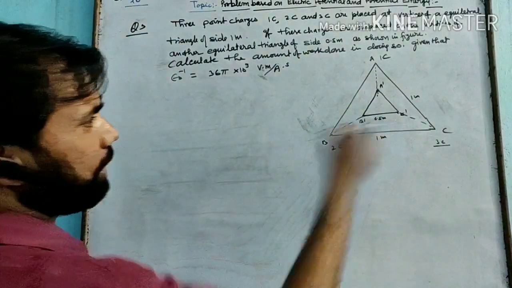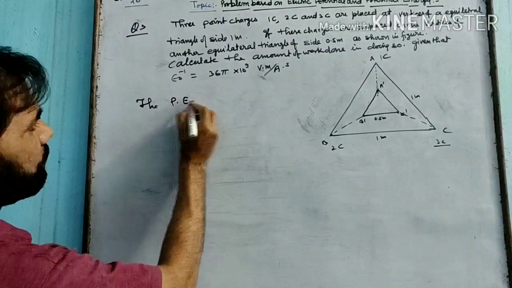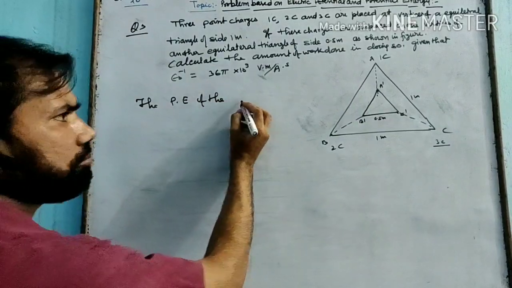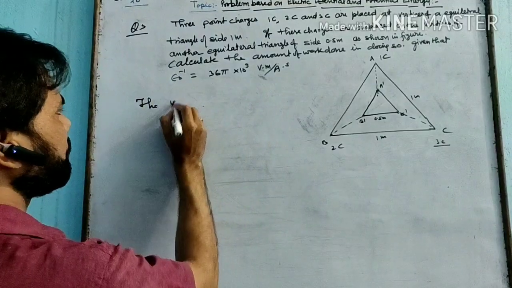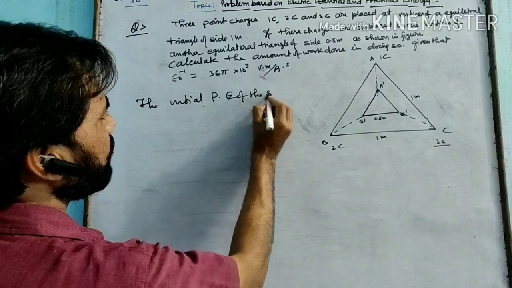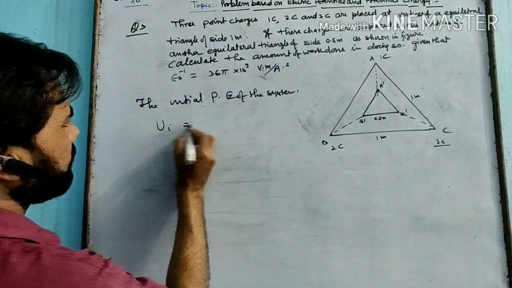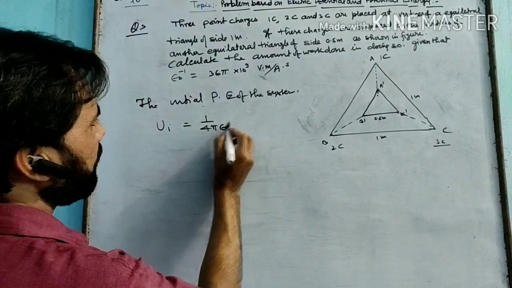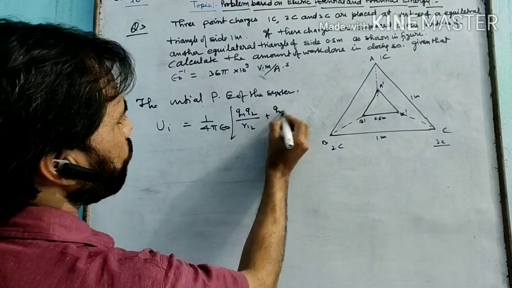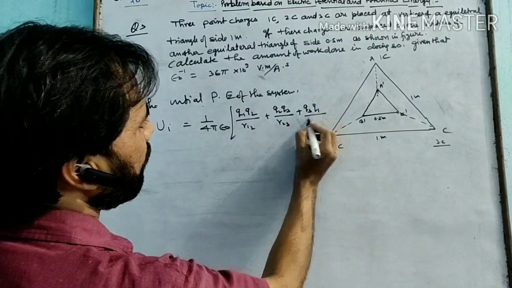So let us calculate the initial potential energy of the system, okay, which is Ui is equal to 1 upon 4 pi epsilon 0 q1 q2 upon r12 plus q2 q3 upon r23 plus q3 q1 upon r13.